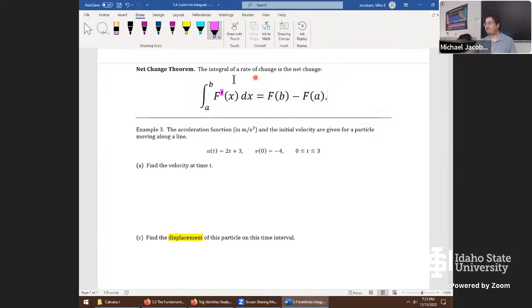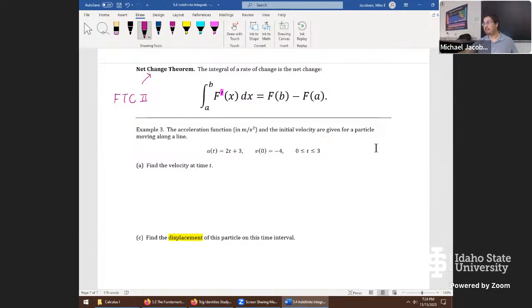So again, it has a fancy name, net change theorem, but this only implies we're doing an application if you see this theorem. It's still the fundamental theorem, part 2. Let's call this, just to emphasize, FTC, fundamental theorem of calculus, part 2, the way we'll say it whenever we mention it.